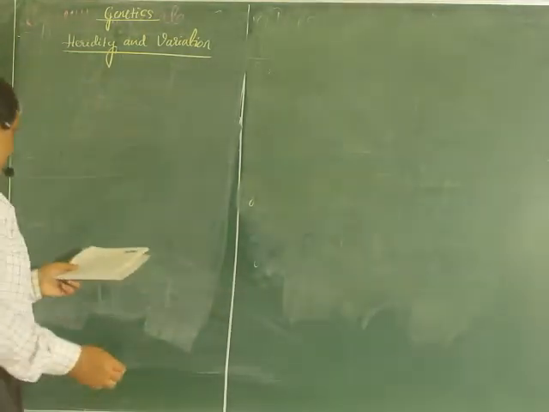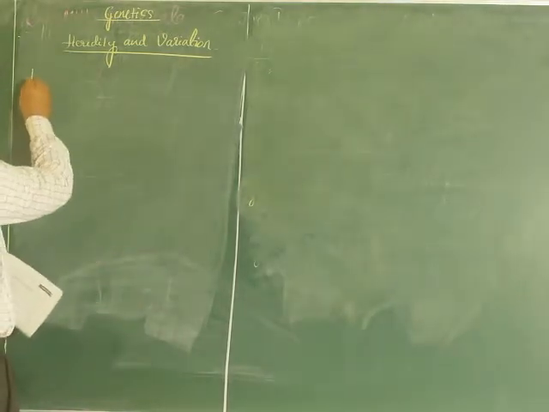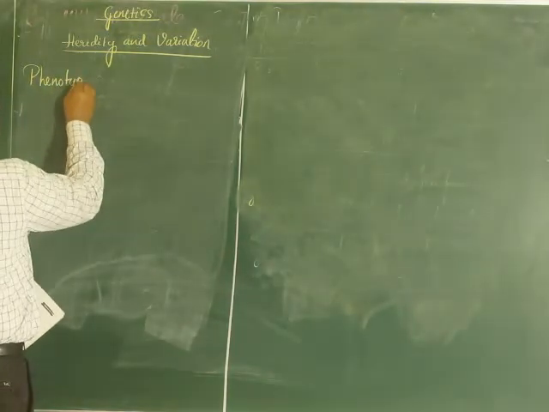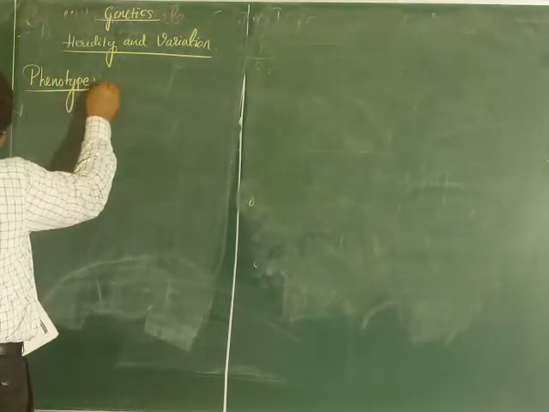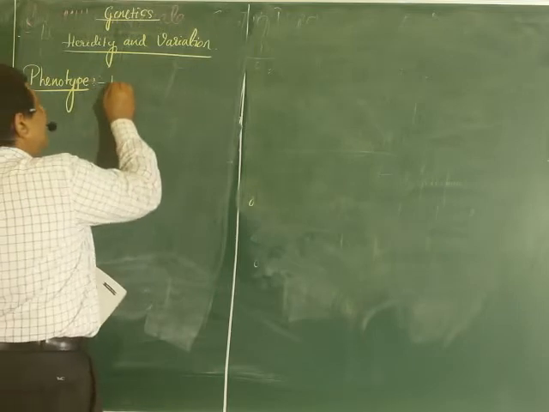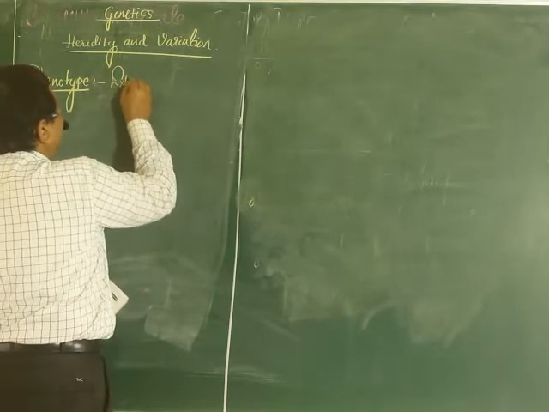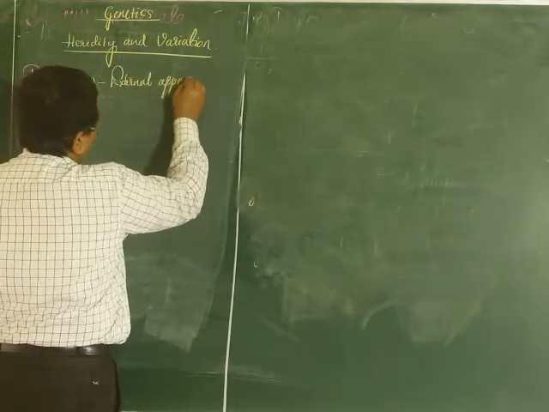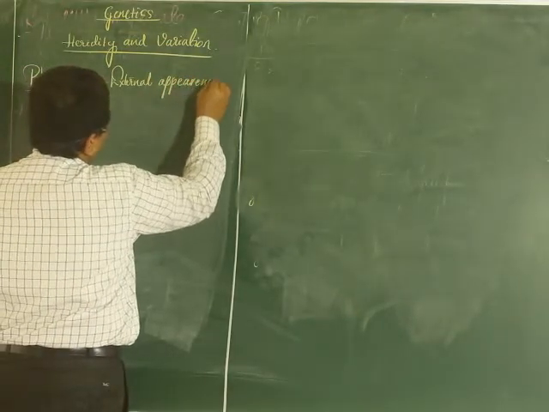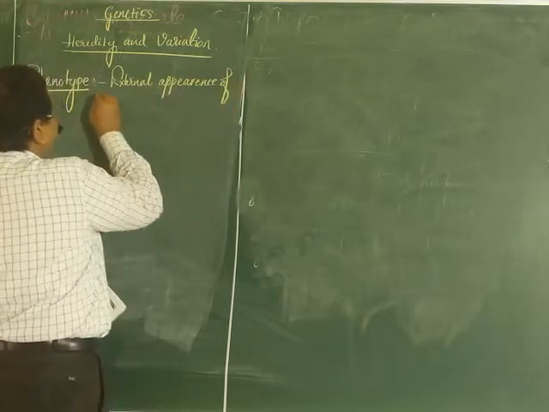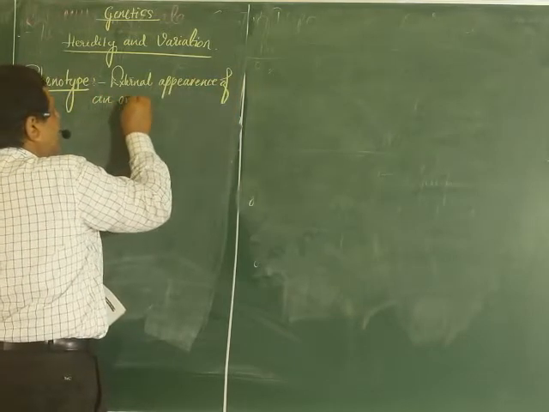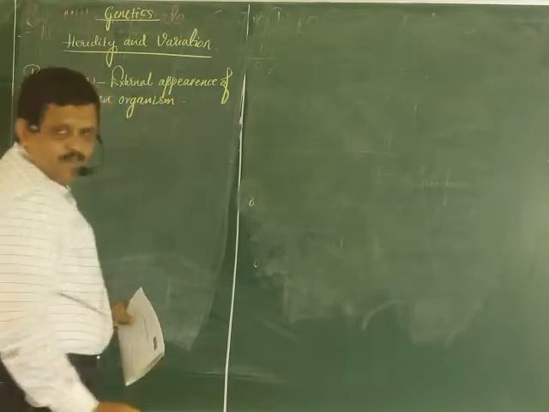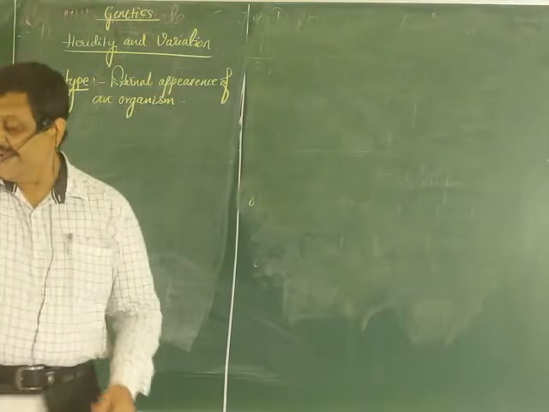First one is phenotype. It is external appearance of an organism. External appearance of an organism is called phenotype. What is external appearance?